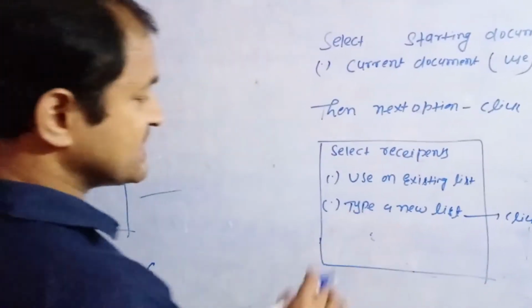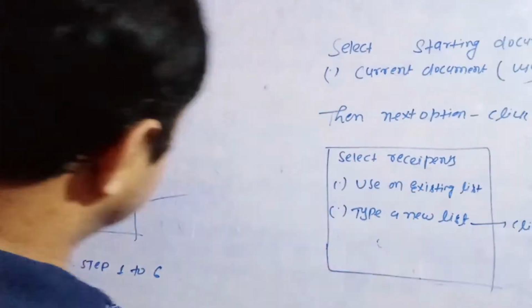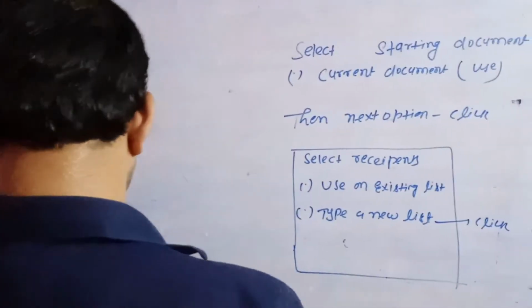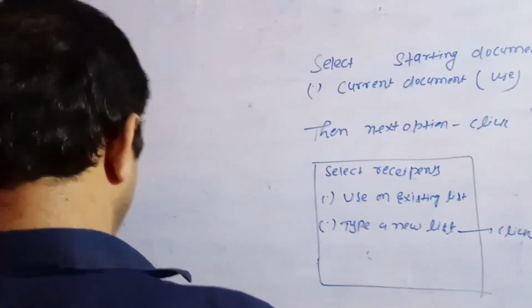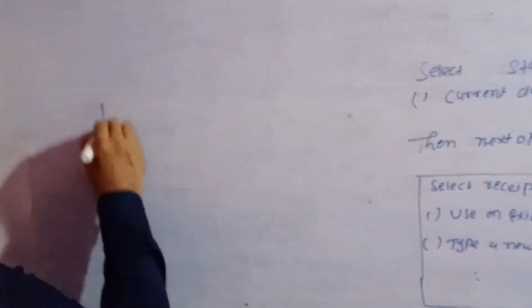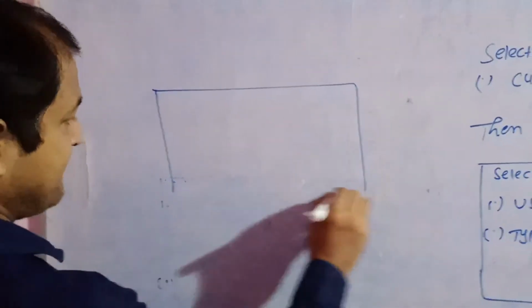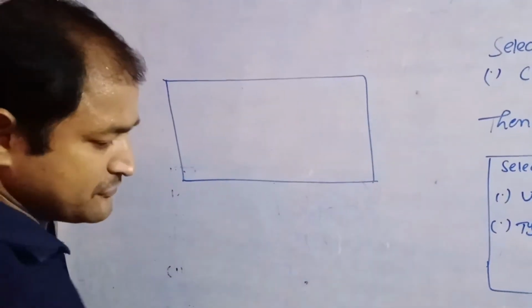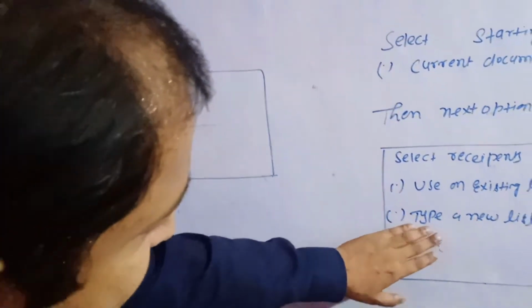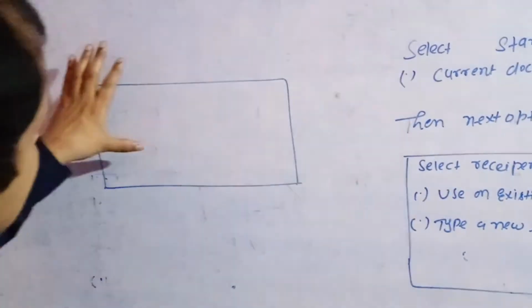Why? You just click type a new list, and again one dialog box appears in front of you.